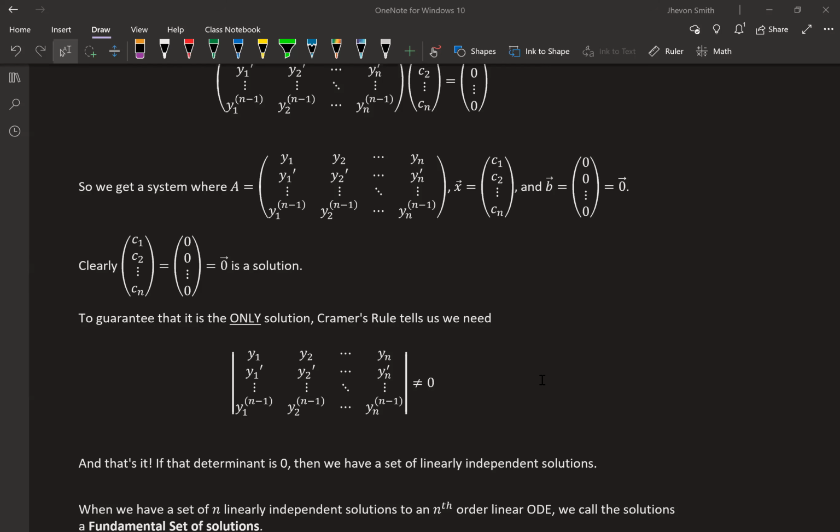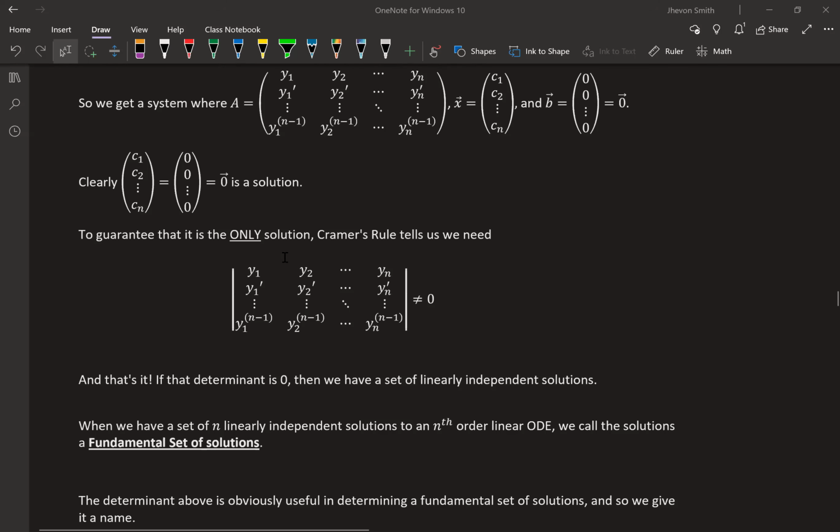If they each are solutions individually to a differential equation, then each of them individually is important for us to worry about. None of them are redundant, none of them should be thrown away. So I have a bunch of solutions, a bunch of functions here, take their derivatives n minus 1 times to get new rows. If the determinant of that is not zero, we have linear independence. So Cramer's rule from linear algebra gives us that.